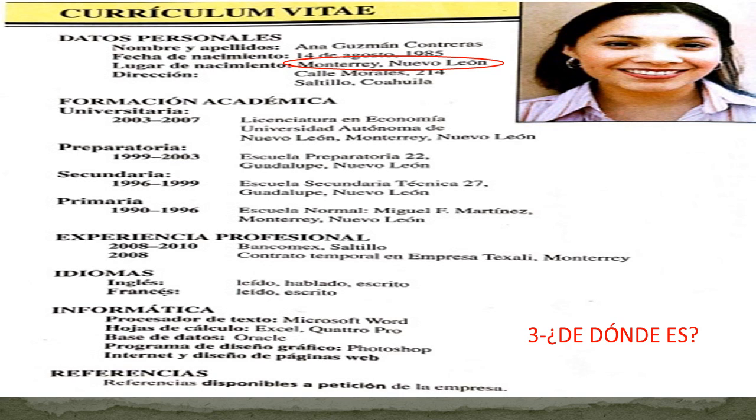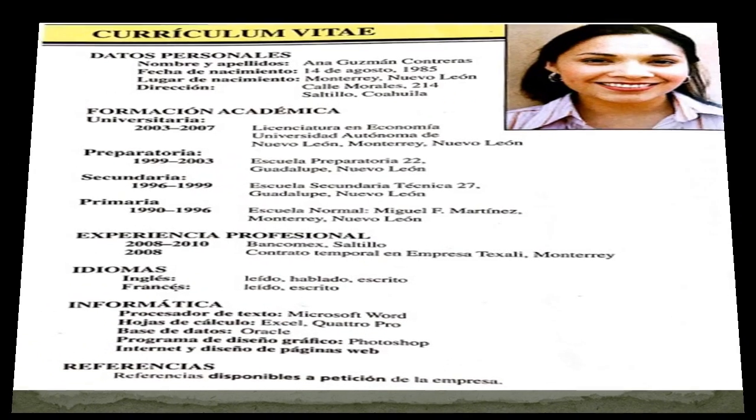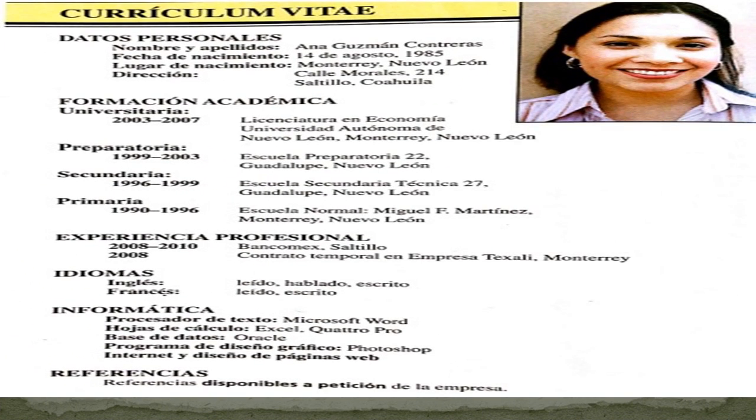Or literally, what is the place of birth of Ana? ¿Cuál es el lugar de nacimiento de Ana? El lugar de nacimiento de Ana es Monterrey, México. ¿Dónde vive ahora? ¿Dónde vive Ana? O ¿cuál es la dirección de Ana? Ana vive en Calle Morales, 214, Saltillo, Coahuila.